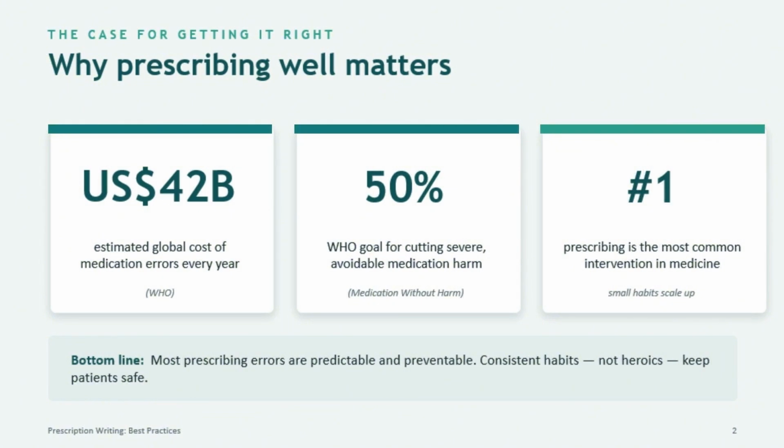Here's the encouraging part, and I want you to hold on to this throughout the lecture. Most prescribing errors are predictable and preventable. It isn't heroics that keep patients safe, it's consistent, careful habits. That's what we're going to build together.